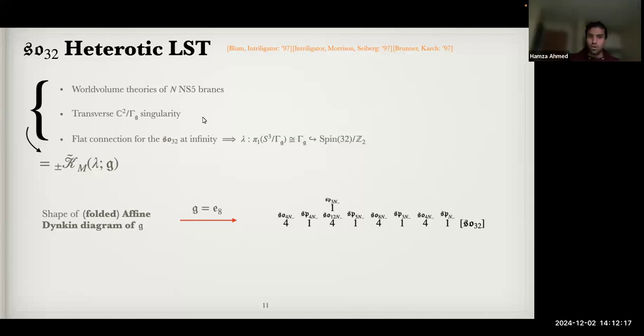Yeah, I am putting them on the singularity in the sense that this is the 6-dimensional world volume of the NS5 branes, and then they are probing the C2 mod gamma G type space. This is the SO32 case. The stuff on the previous page was the E8 case. So there are different NS5 branes. Gotcha.